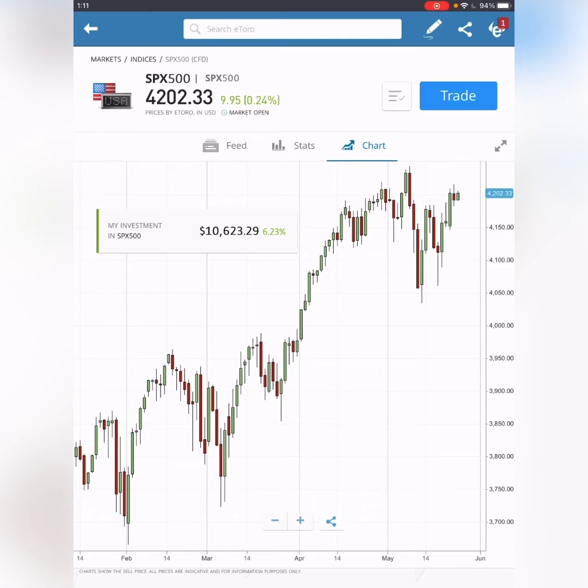So in terms of the S&P 500 index, we need to see some numbers. We need to see some range so we can decide for ourselves what range I want to go into the market.